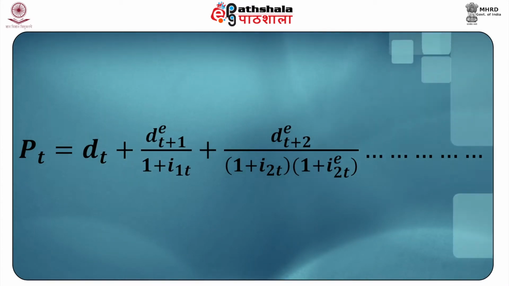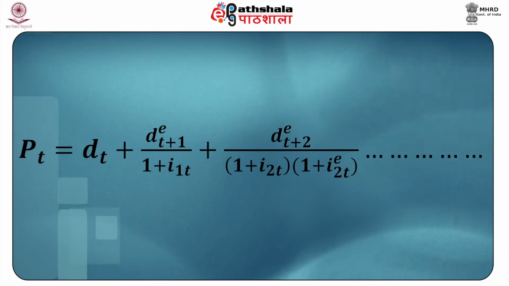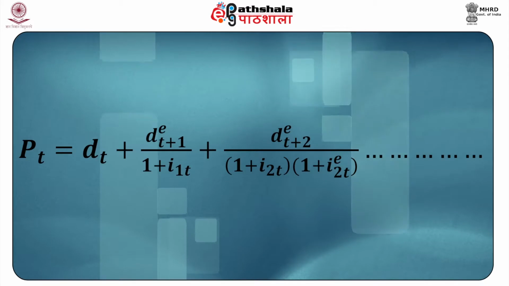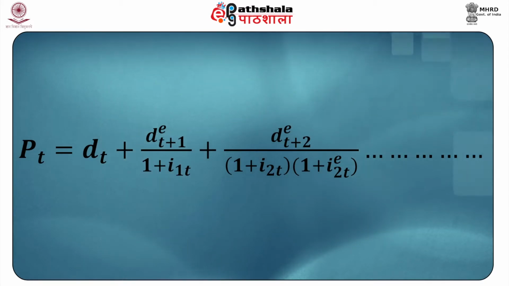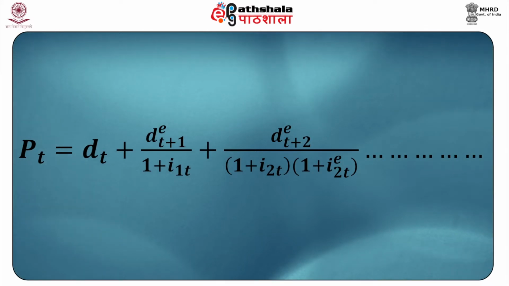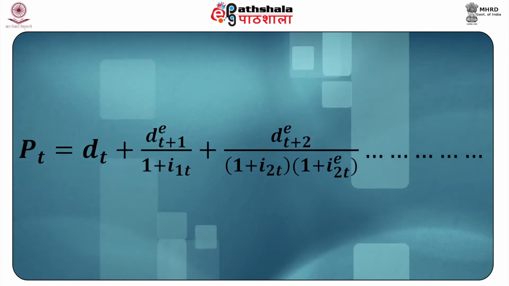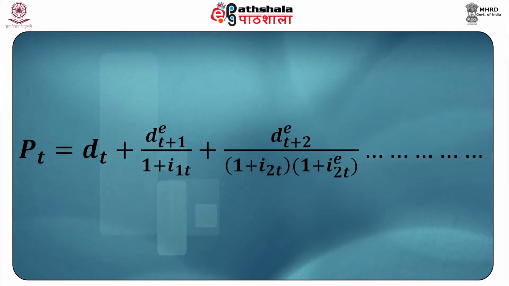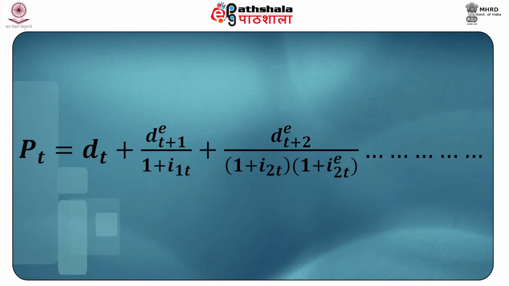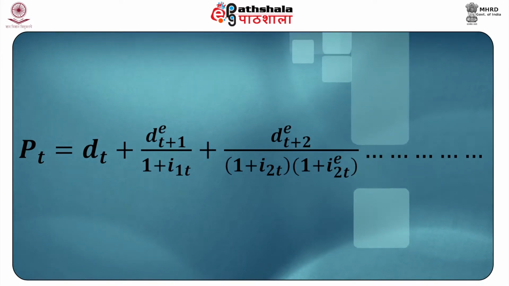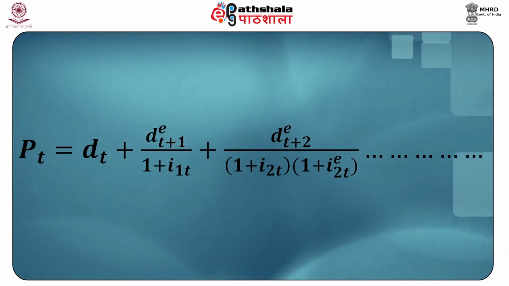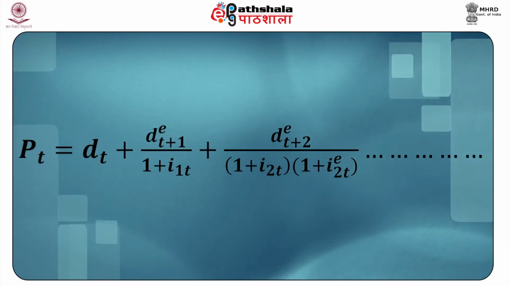Similarly, D^e_{t+2} the expected dividend 2 years from now, and so on. The price of the stock in the current period is then given by P_t equal to D_t plus D^e_{t+1} upon (1 plus i_{1t}) plus D^e_{t+2} upon (1 plus i_{1t}) into (1 plus i^e_{2t}), and so on. This is our equation 1.